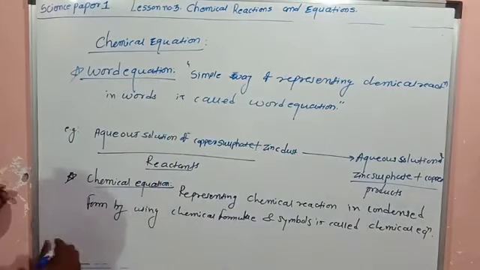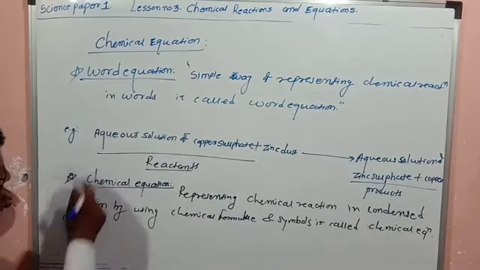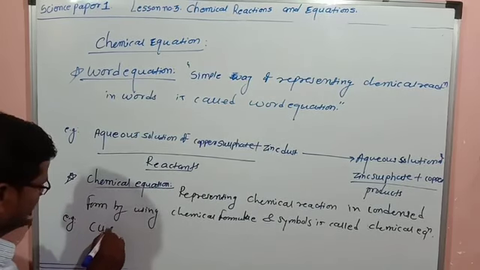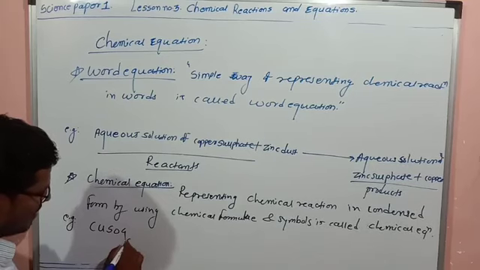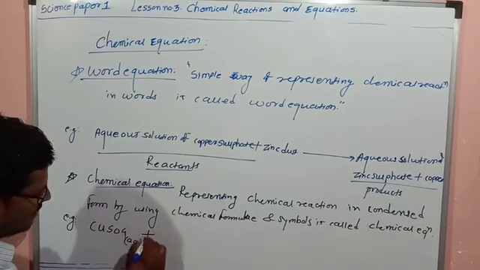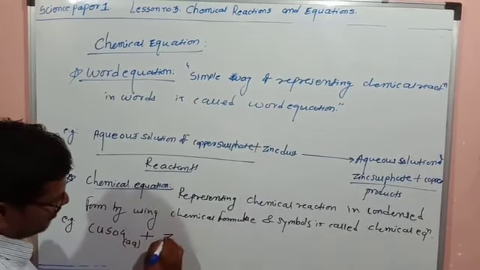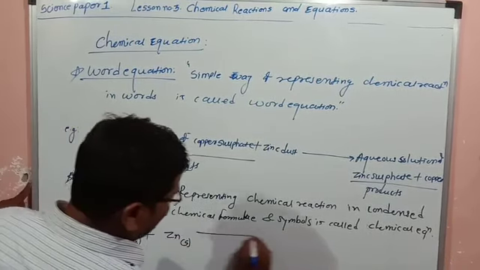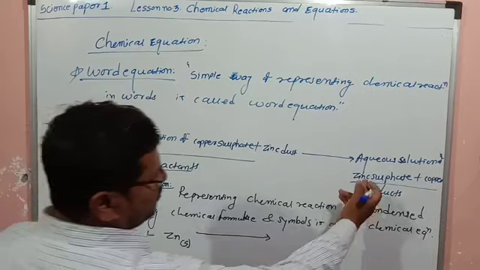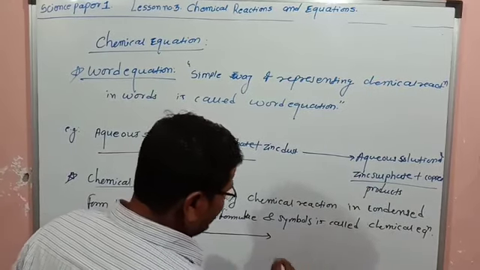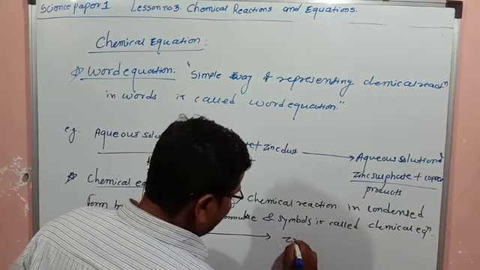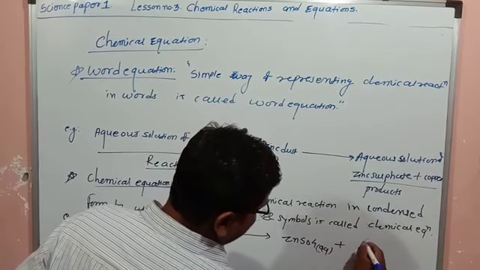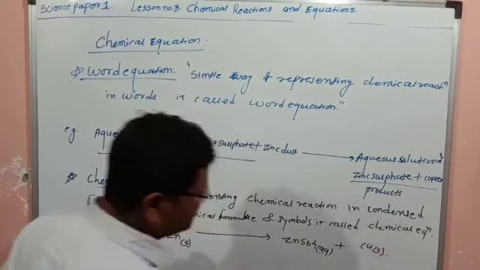So we will take the same example. Aqueous solution of copper sulfate, you can write CuSO4 aqueous, plus zinc dust. For zinc, Zn is in solid state, and it will get converted into aqueous solution of zinc sulfate. In that you can write ZnSO4 aqueous plus copper solid.